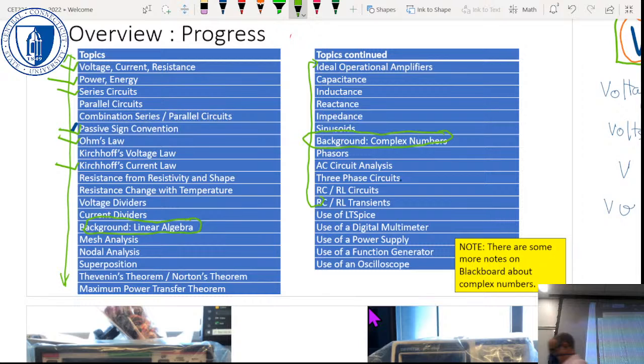Now, just like we had to define the word node before, remember a node is an area of constant voltage. Now we have to define the word loop. And a loop is a closed path around the circuit that does not cross over itself.